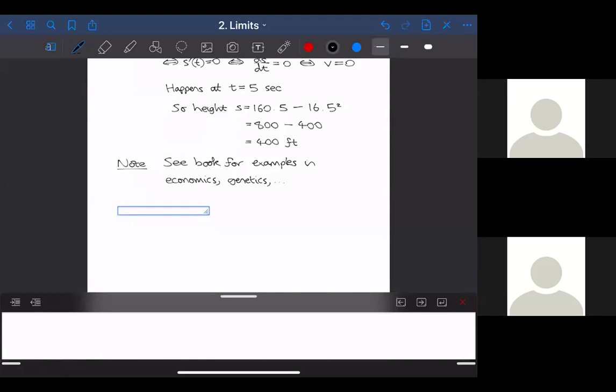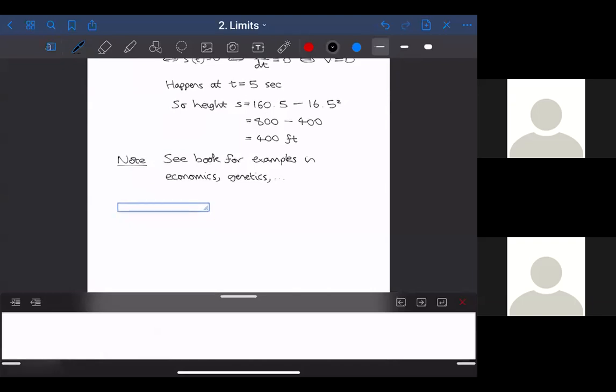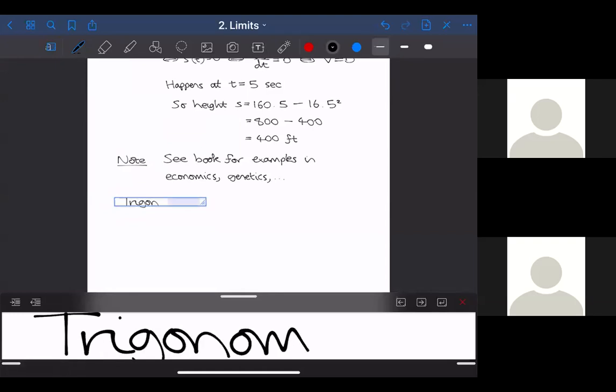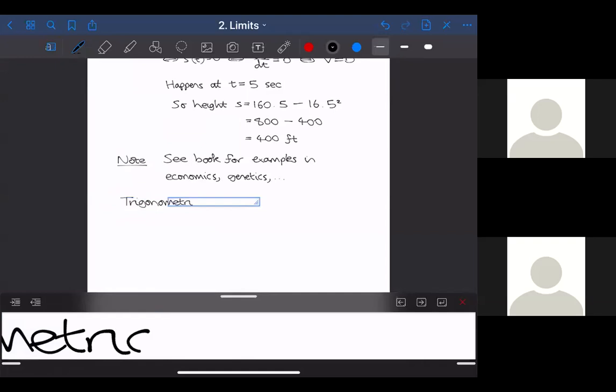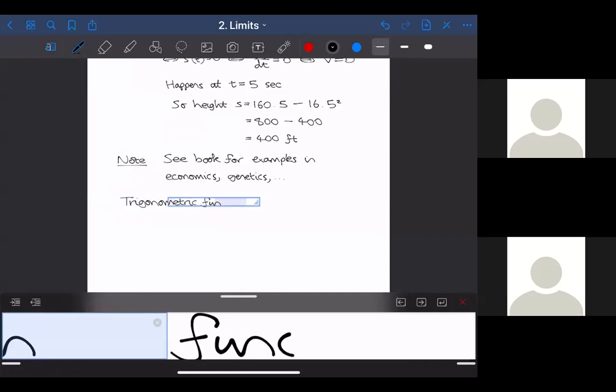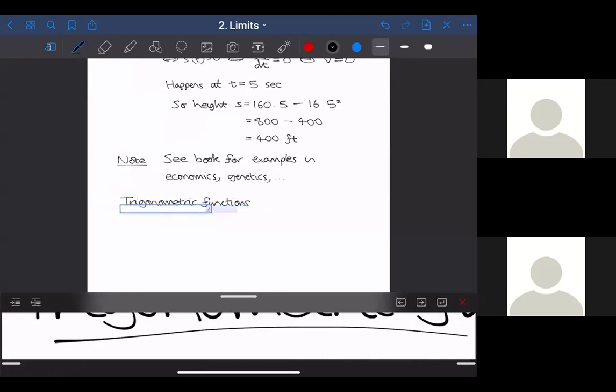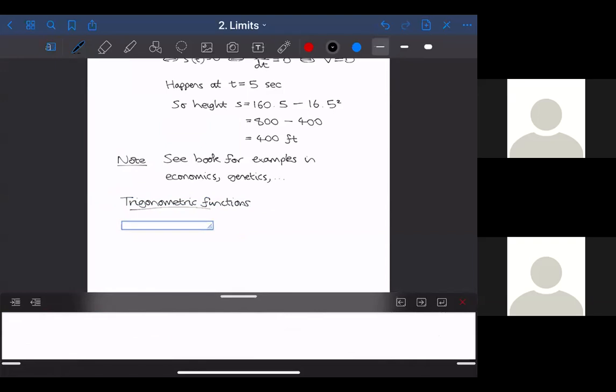We're now good at calculating rates of change for polynomials and some other functions. We're also going to need to study them for trigonometric functions. Even to describe motion in the real world, trigonometric functions are very important. We'll see that.